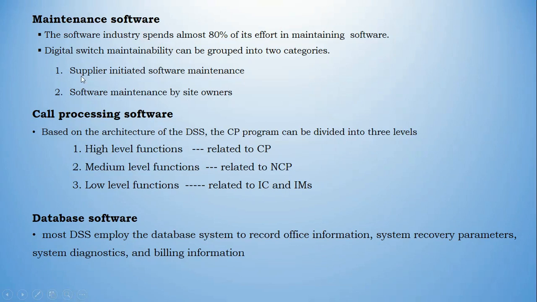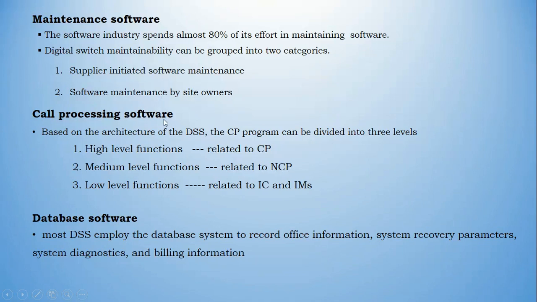For example, suppliers need to add patches if any error occurs, and they need to do continuous monitoring and regression testing; everything has to be done only by the supplier. Software maintenance means they need to upgrade the software, the generic basic software, which has to be maintained by the site owners. These are the 2 types of maintenance.